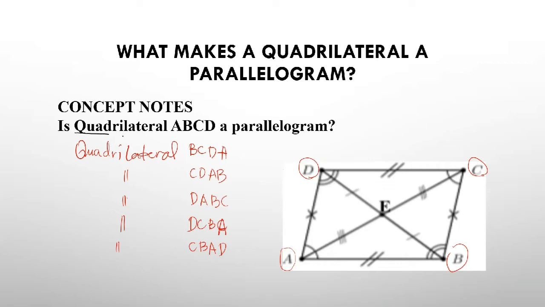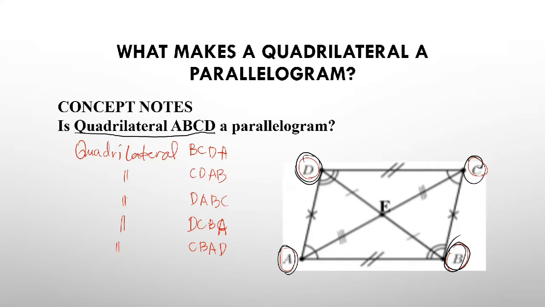So, in naming a quadrilateral, dapat yung ating mga letters, sunod-sunod siya. For example, ayan, quadrilateral A, B, C, and D. Dapat consecutive yung ating naming so that we can identify that it is a quadrilateral.